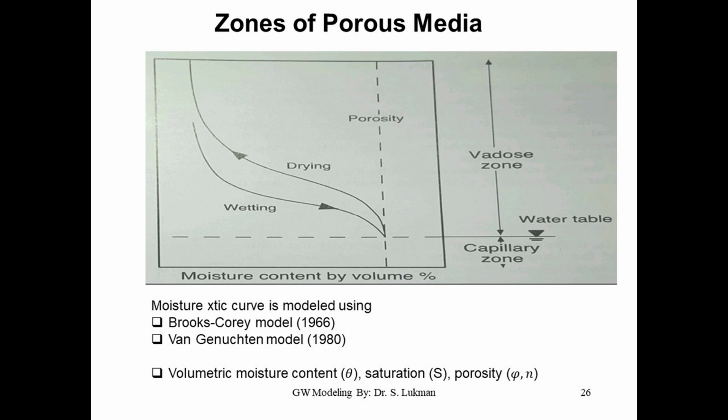At the water table, the moisture content of the capillary fringe is usually 100%. Like I said, it is almost saturated. So for modeling the unsaturated zone, more often than not, the capillary fringe is considered to be saturated with water because it has a moisture content of about 100%. That is why here you can see the water table, and this is the capillary fringe.